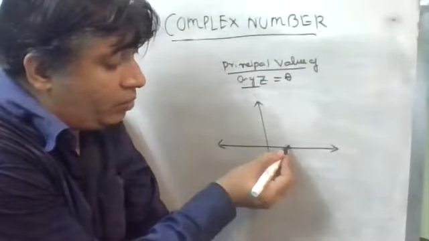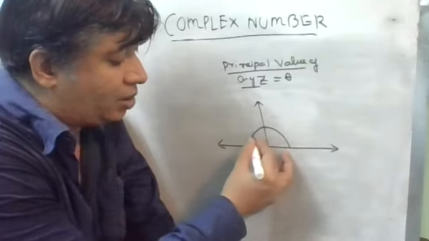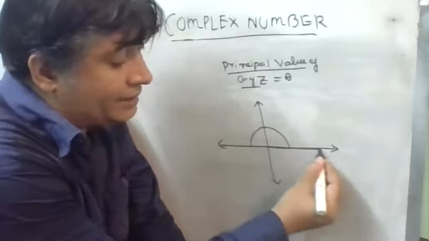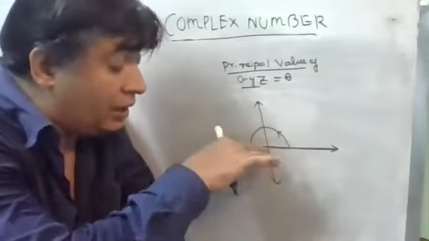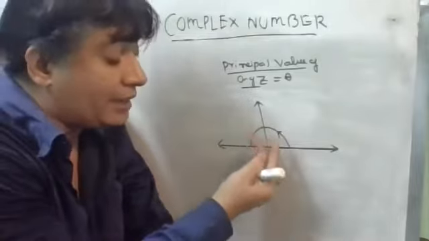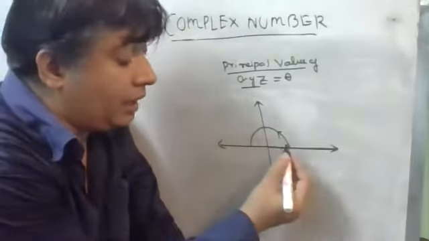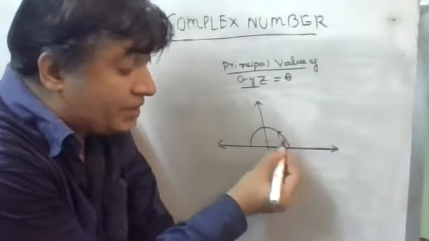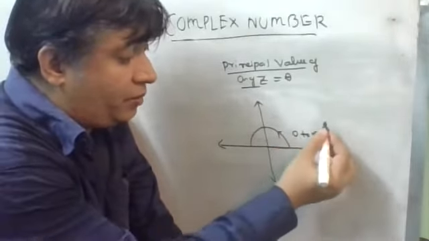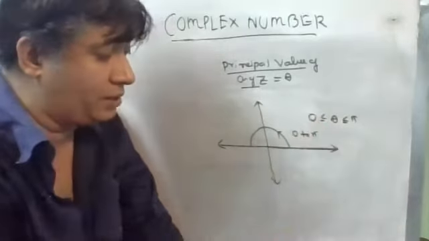Now, if you rotate by an angle anticlockwise, it will move from here on the real axis. Anticlockwise means the positive direction, meaning the angle is measured from the positive direction of the x-axis. Now, this is measured from 0 to pi, so theta lies between 0 to pi.